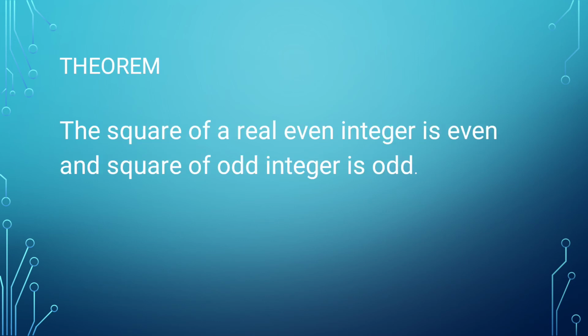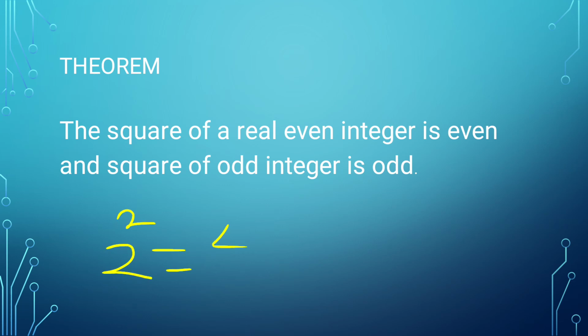Okay, theorem. Let's look at a theorem. The square of an even integer is even, and the square of an odd integer is odd. Basically, look at the square of an even integer being even. So let's take one even number, like 2. Square it.